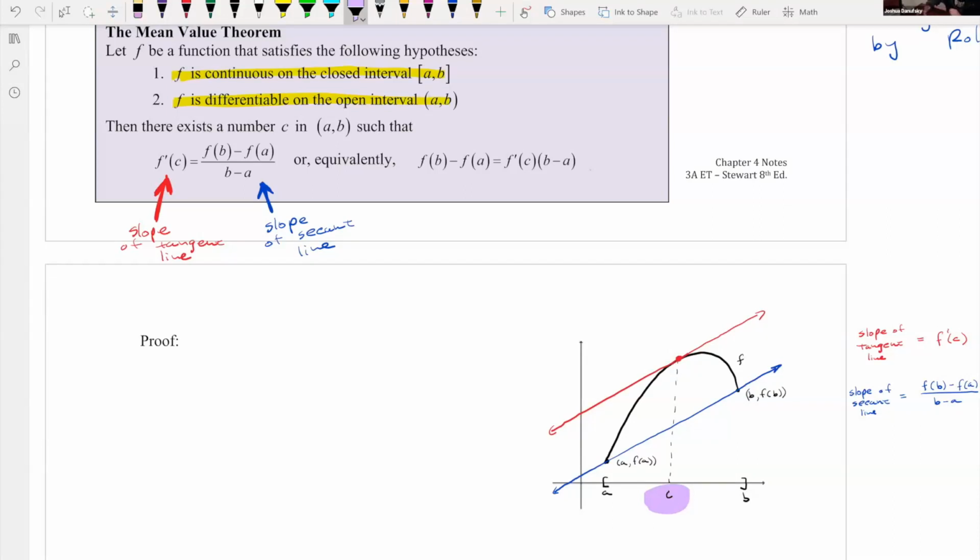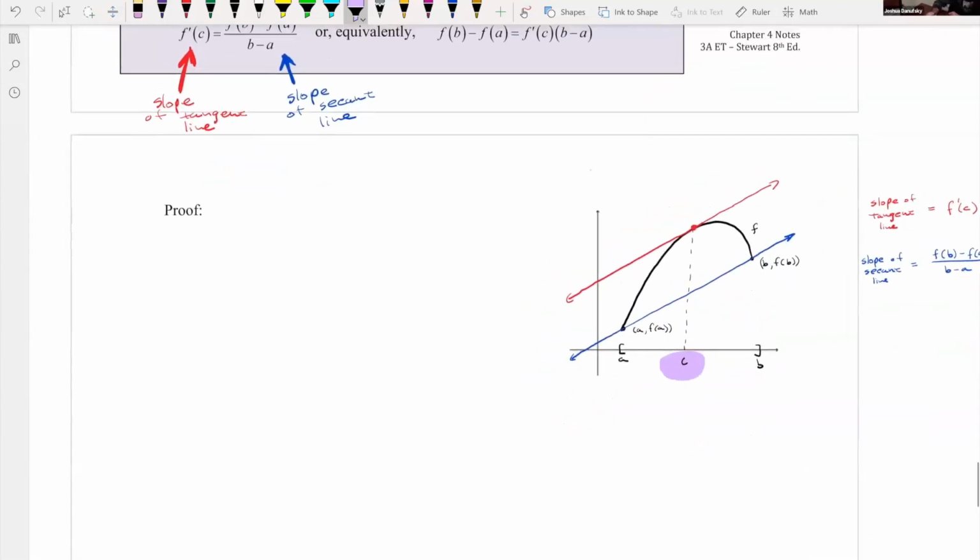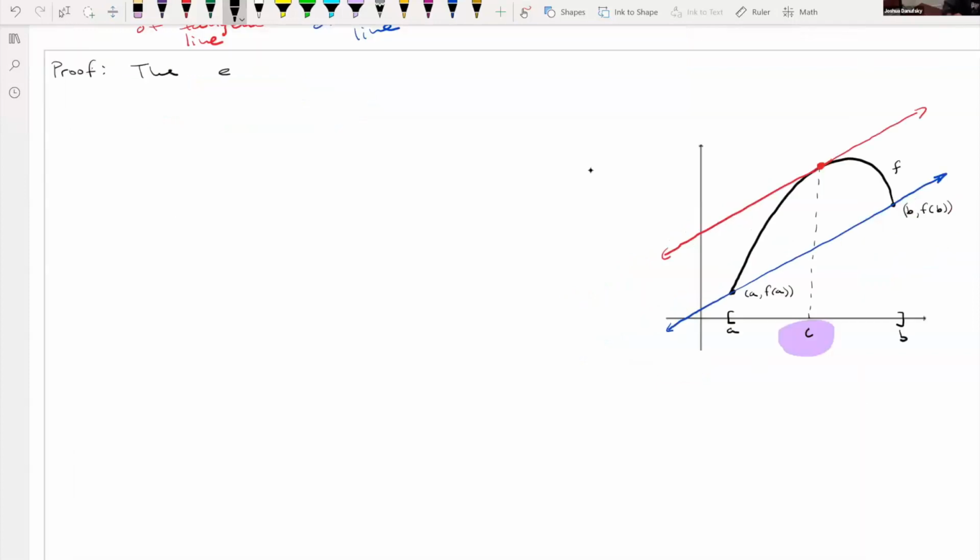Let's see. I'm going to go through the proof on this because it's one of the cooler proofs, and this is an important theorem for future classes. Let's write a couple things out. And this is kind of cool how this turns out. The equation of the secant line is what?